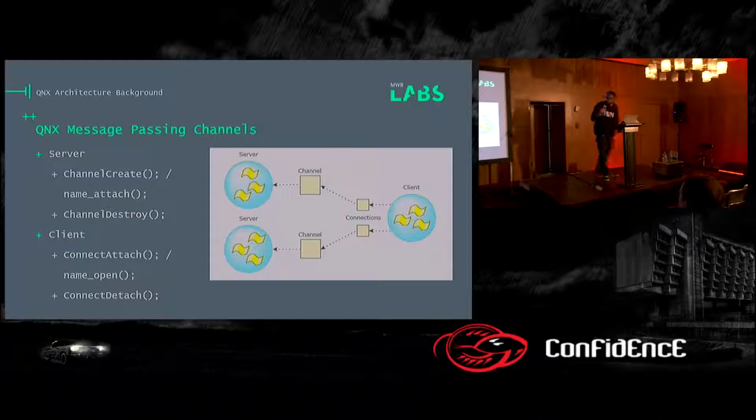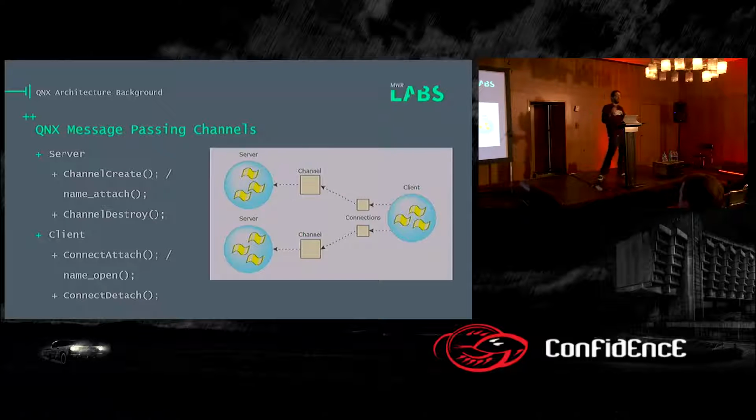So how is this implemented? QNX allows for creating communication channels that can later be used by user-land processes for placing messages on these channels. If you want to register a communication channel, you can call functions like channel create or name attach, and this will create a unique series of integers that will uniquely identify the communication channel.